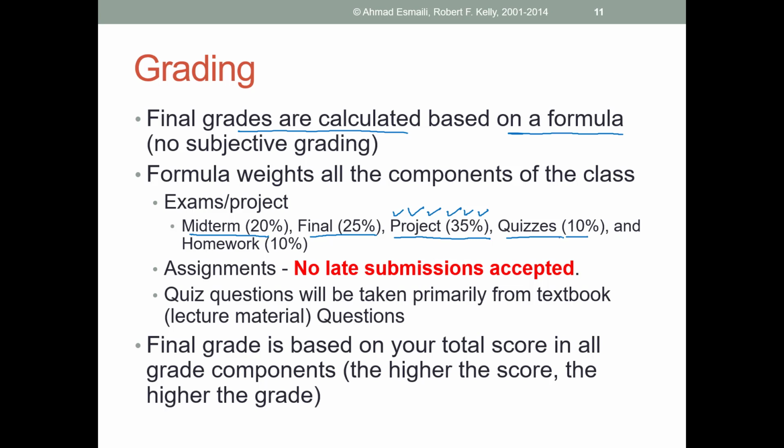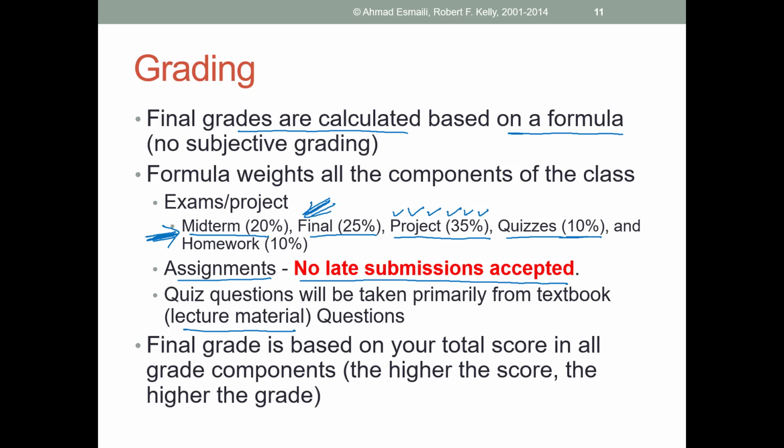There may be some inconsistency between what I have over here and what I have on the syllabus. For assignments, late submissions are not accepted. Quiz questions will be taken primarily from the lecture material. The final grade is based on your total score, and we will be using this formula.